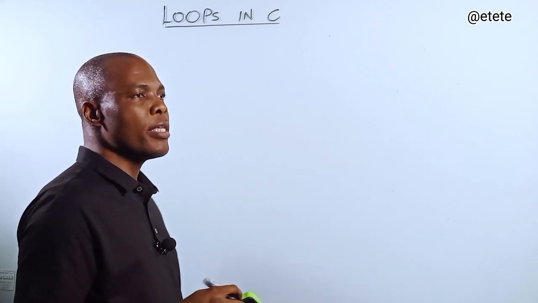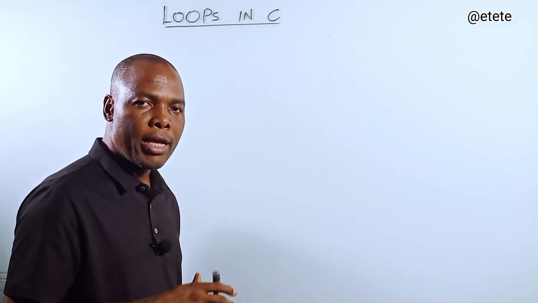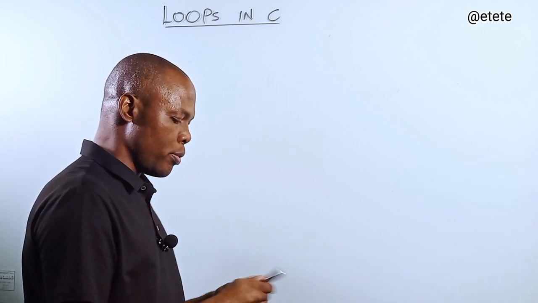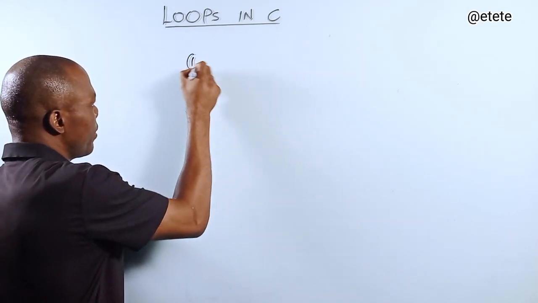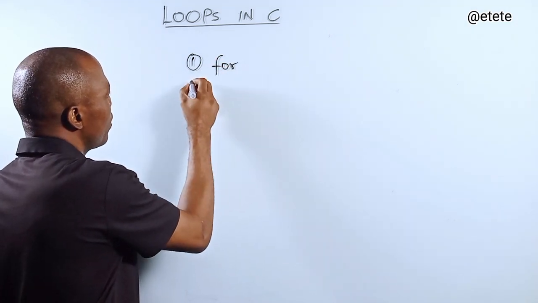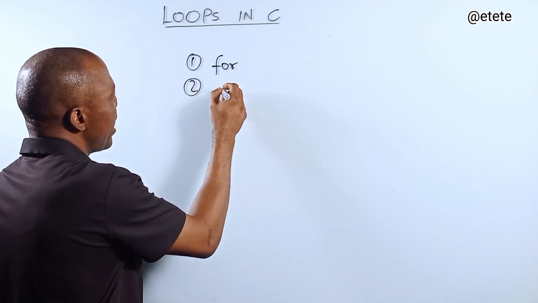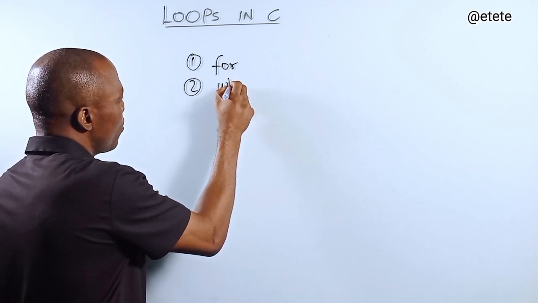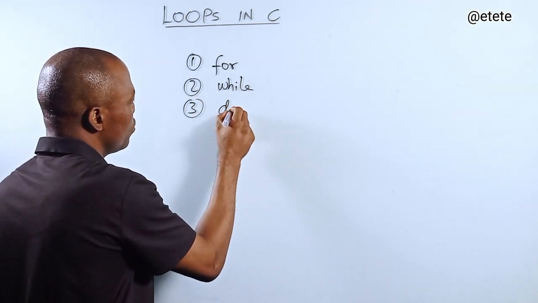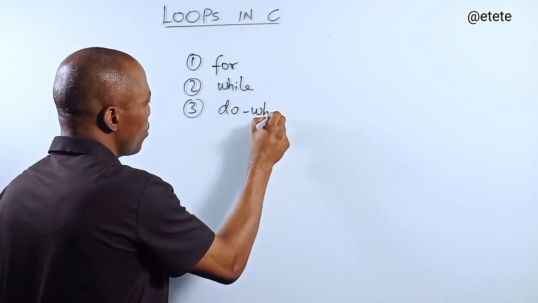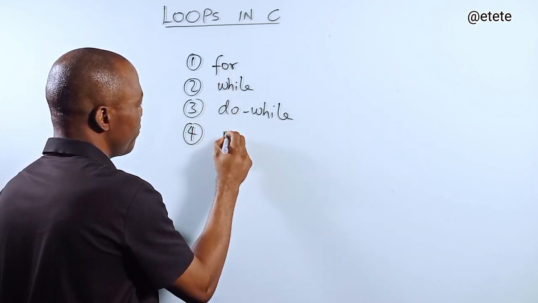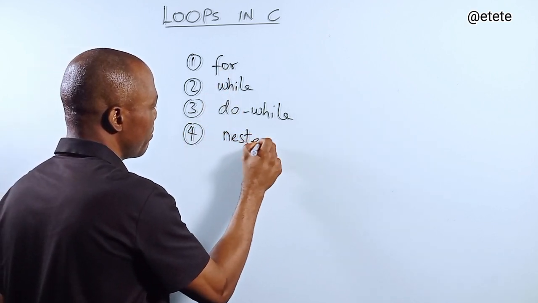And then in C, we have keywords that are used to govern the cycle of a loop. Examples of those keywords are: one, we have for; two, we have while; three, we have do while; four, we can also have nested loops from any of them.